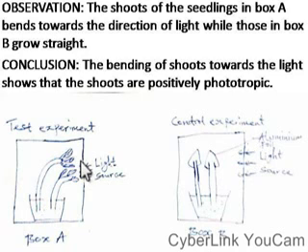Look at the plants, that is the seedlings, in box A. They were not covered with anything.